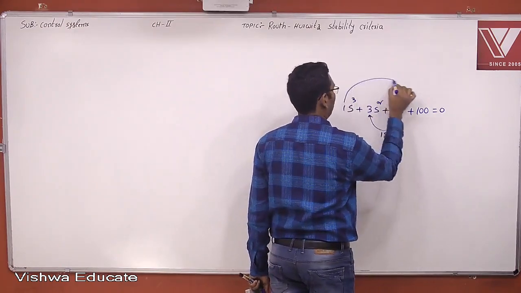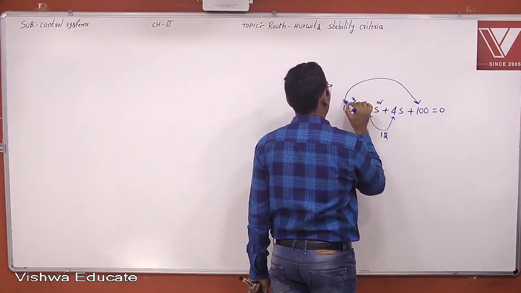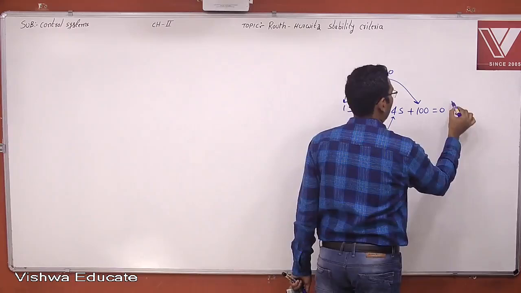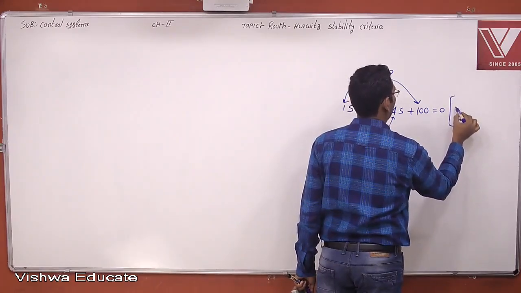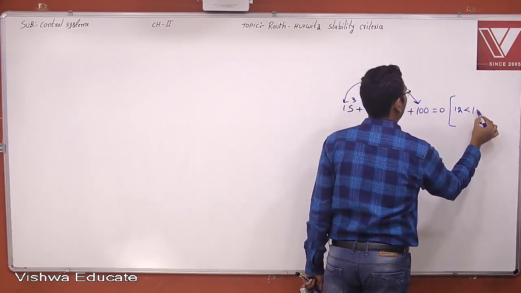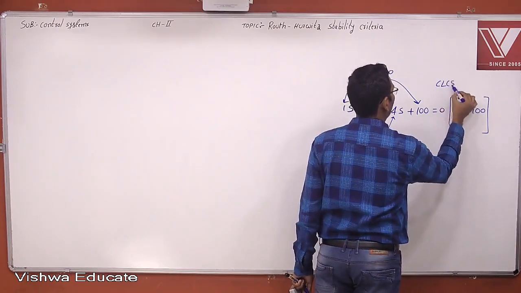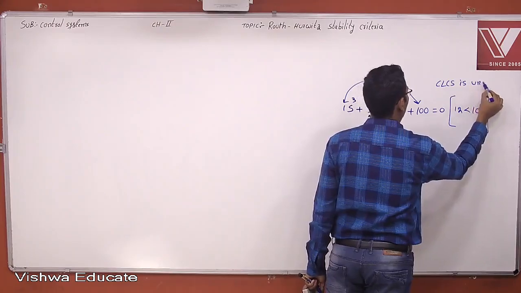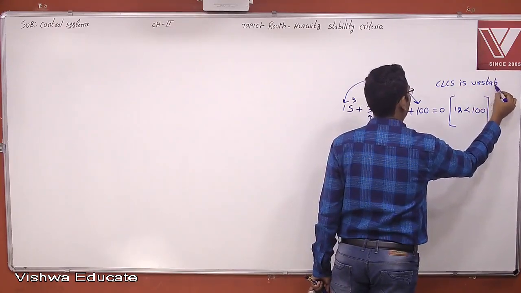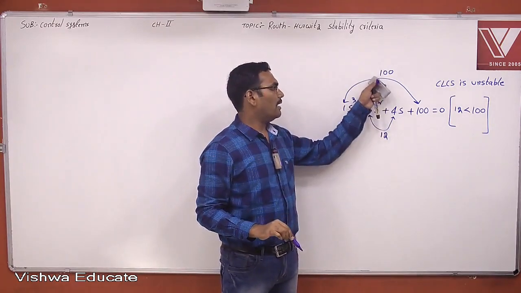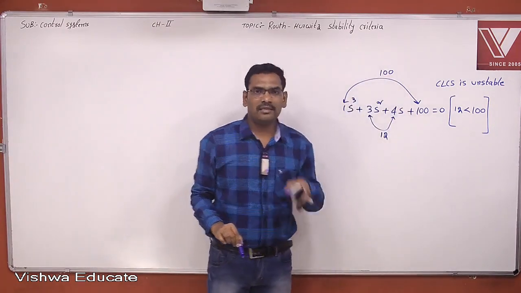The external quotient product 1 into 100 is 100. Here the internal quotient product is less than the external quotient product, so the closed loop control system is directly unstable. There is no second condition, direct shortcut method: internal quotient product less than external quotient product, system is unstable.